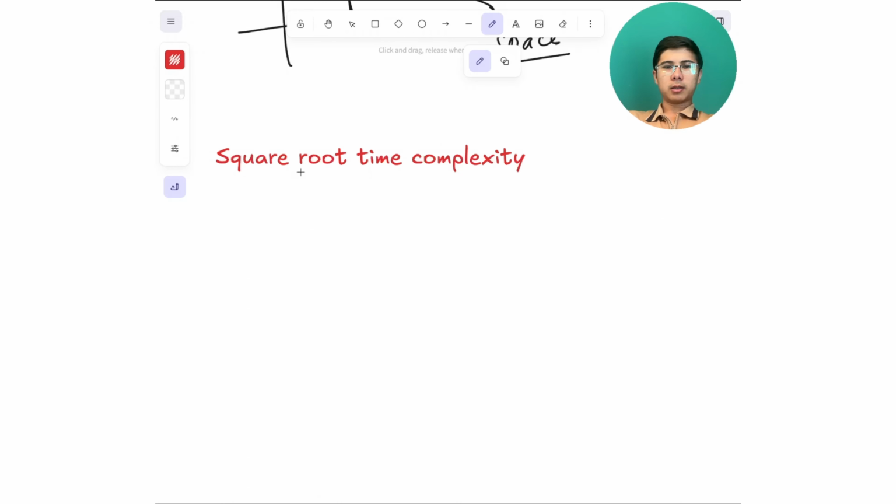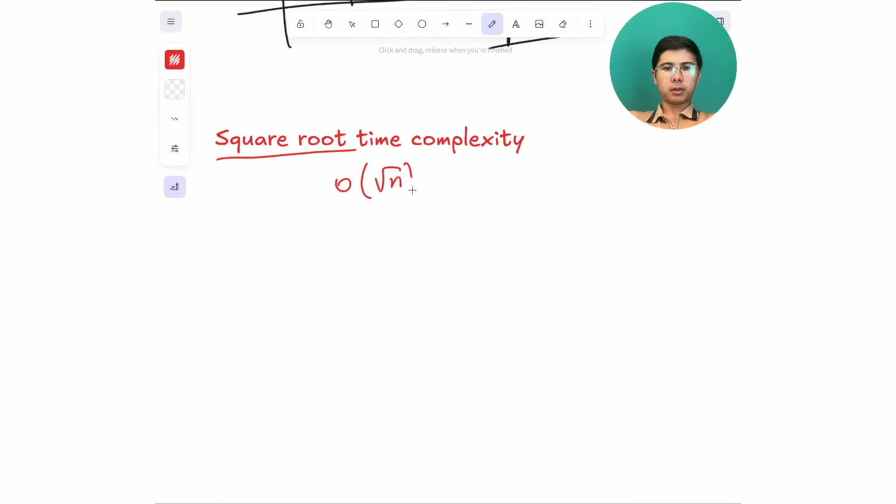The next complexity type is square root time. O of square root of n, we can write. The running time of the algorithm grows proportionally to the square root of the input size. In other words, if input is n, the algorithm performs about the square root of n operations in the worst case.